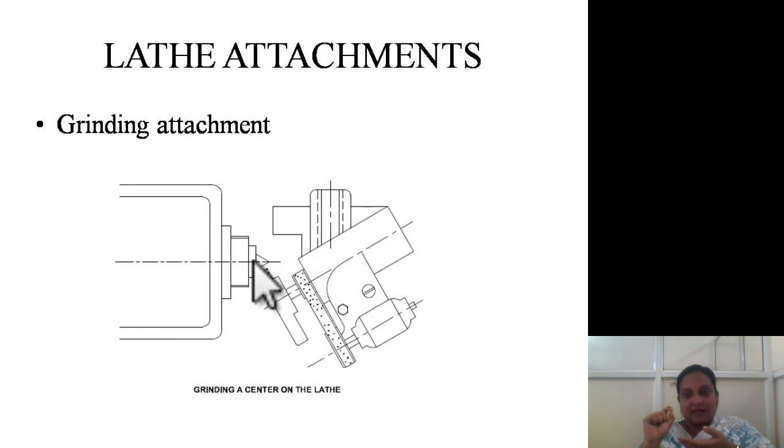If the grain size is very large, a large amount of material will be removed. And if we use grains of smaller size, it will give us a nice surface finish. So depending upon the requirement, what surface finish you want, based on all these things we decide which type of grinding wheel to fit.